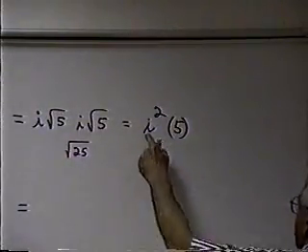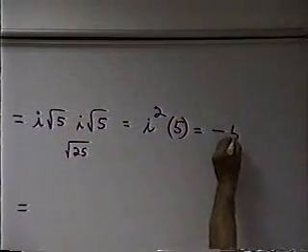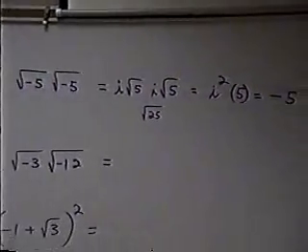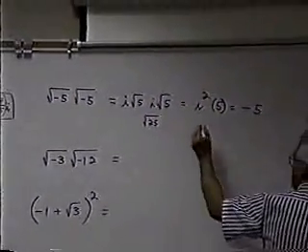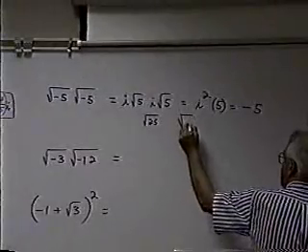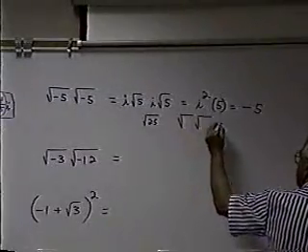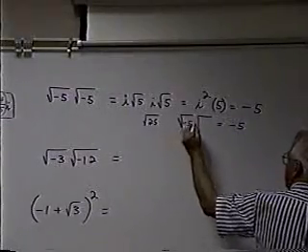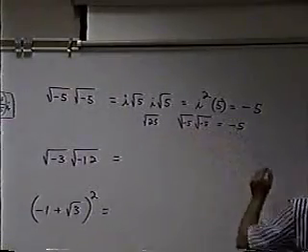But what is i squared? We get minus 5. Which is a good idea. That says to us then that if we multiply the square root of a number times the square root of the same thing, we get what that number is. If we multiply the square root of minus 5 times the square root of minus 5, we get minus 5.